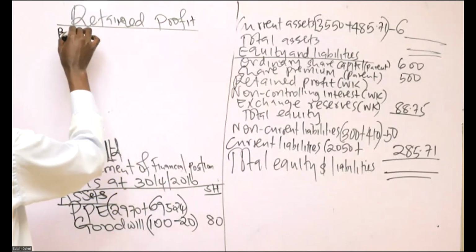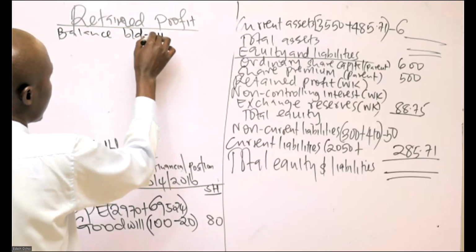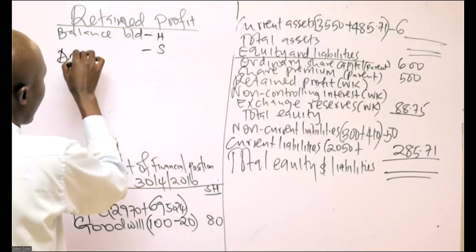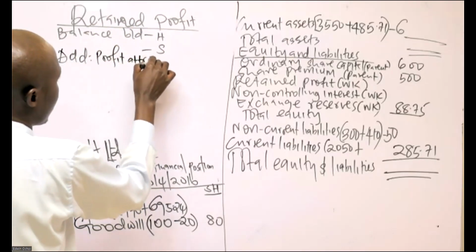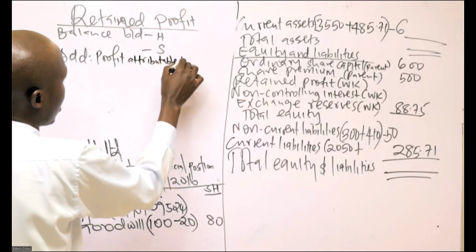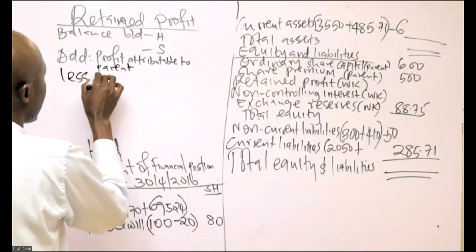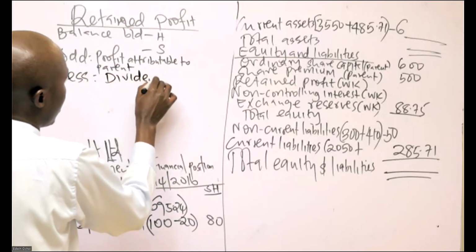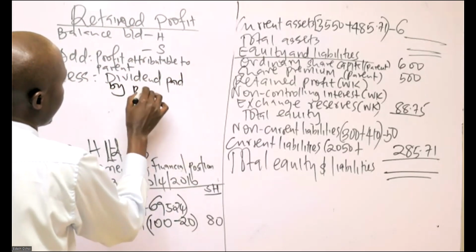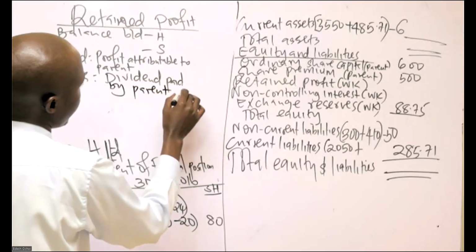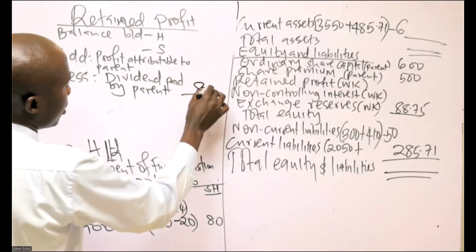So balance brought down, H and S. Add the profit attributable to parents. You raise the dividends paid by who? By parent. So the dividends paid by parent is 80.